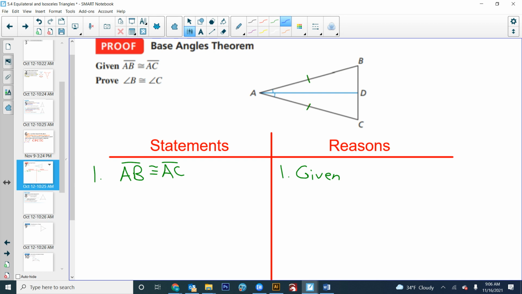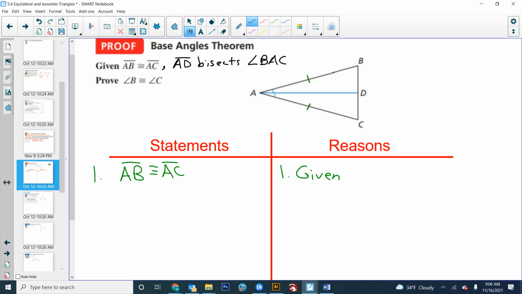Actually, you know what? I'm going to make up my own given because in the book they changed the problem a bit and I didn't love it. Are you ready? AD bisects angle BAC.